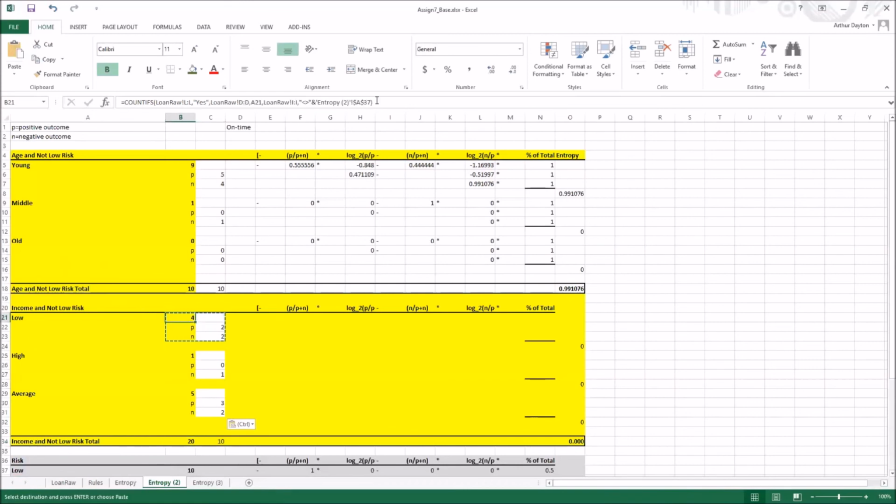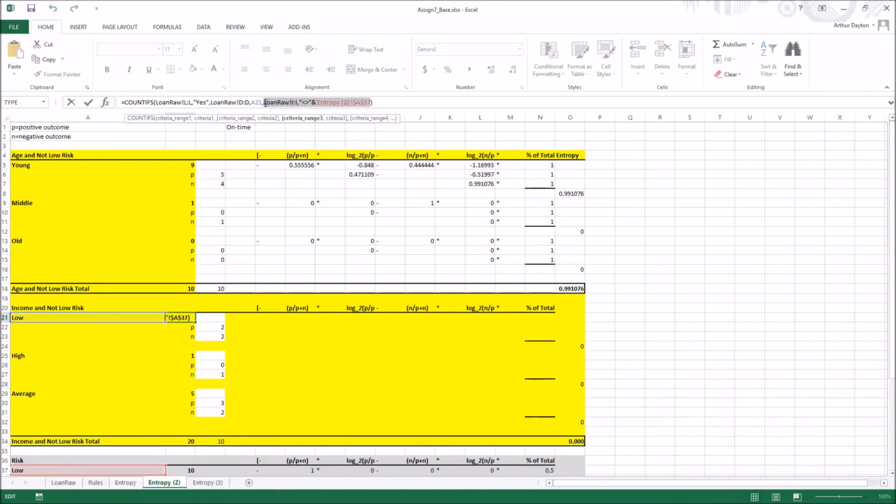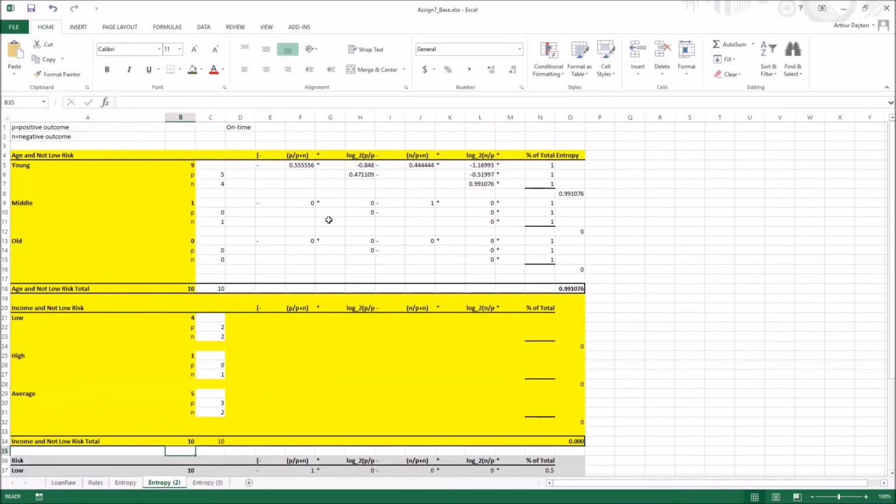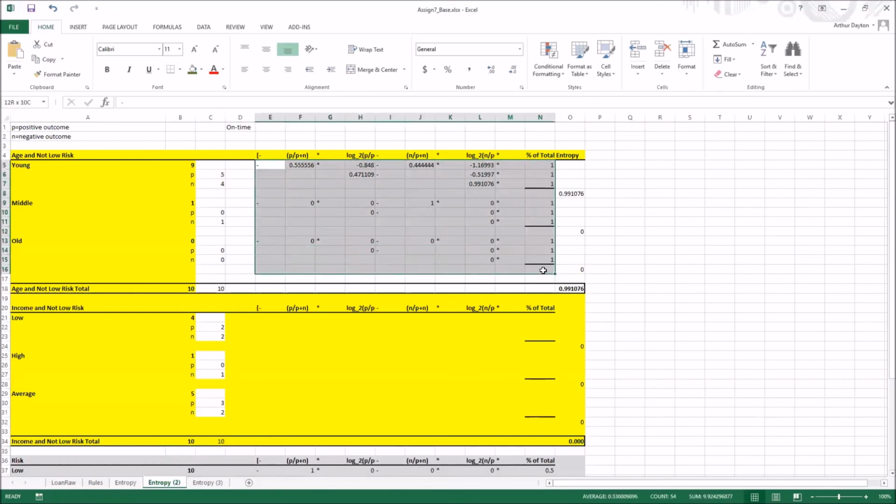So if we want to fix our check total, we can just copy this out of here. And now we'll add it to our check total just to make sure we've got all this correct, and then everything adds up.